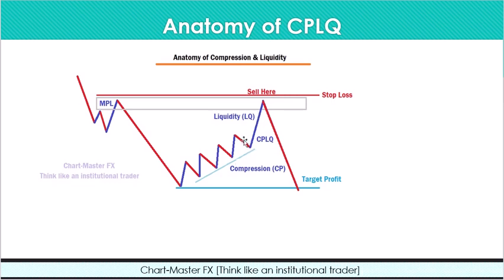So usually we have different types of compression and some ways that we use in order to validate whether it's compression or not. There's a type of compression whereby price just compresses for a short time, then it compresses maybe up to this level, then it does a liquidity pool that is almost bigger than the compression, that is more than 50% of the compression.